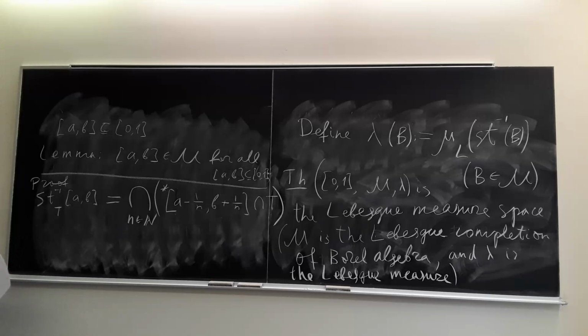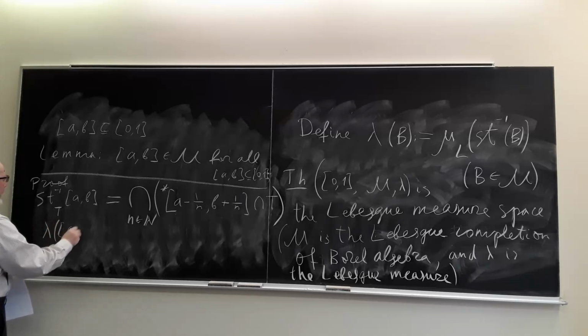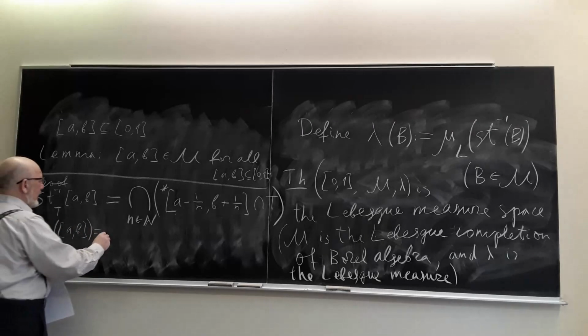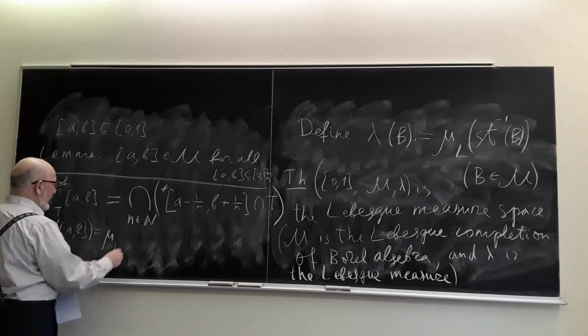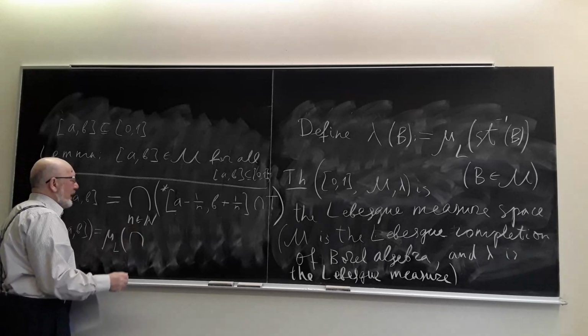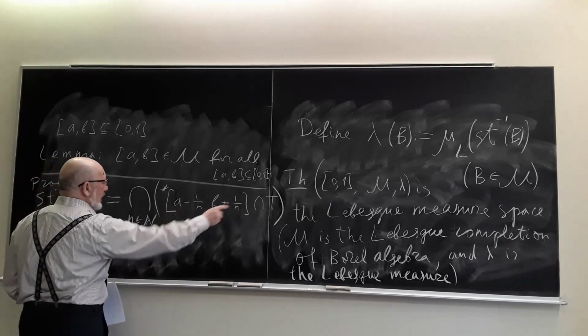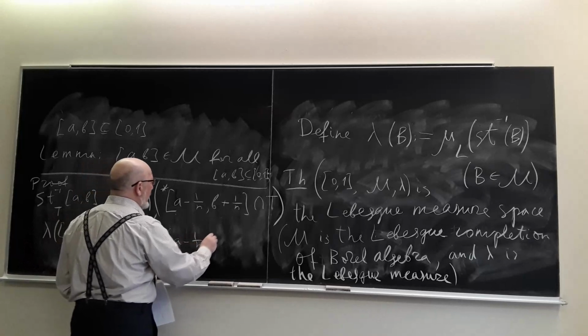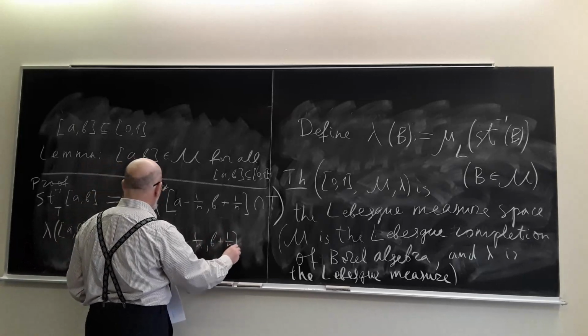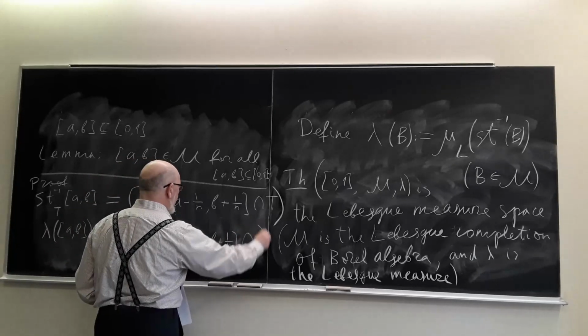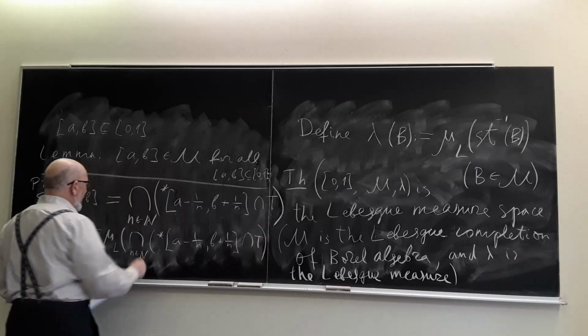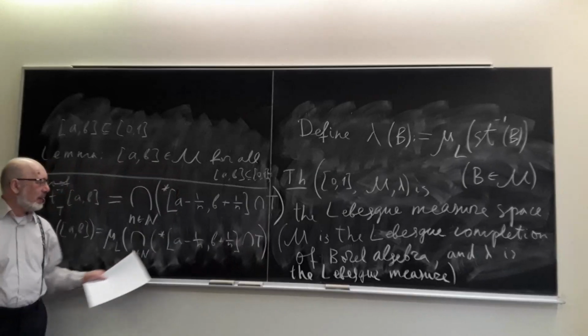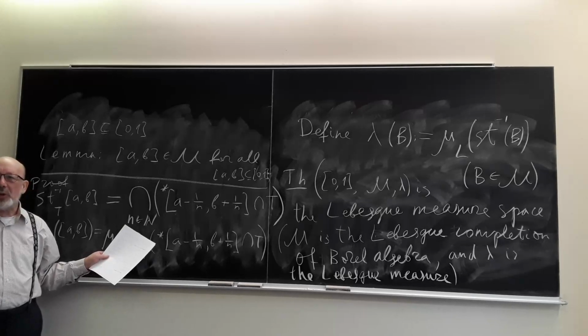Therefore we can define the measure lambda of [a,b] equals mu_L of this set, which is a countable intersection of measurable sets.